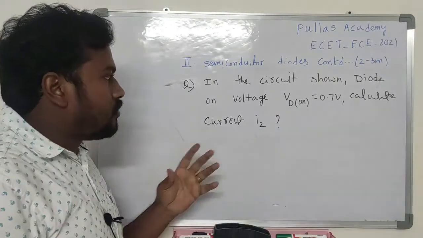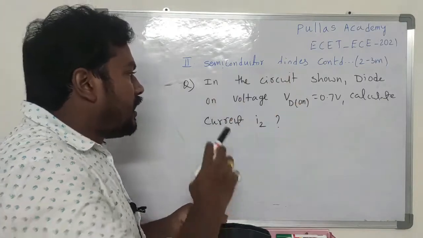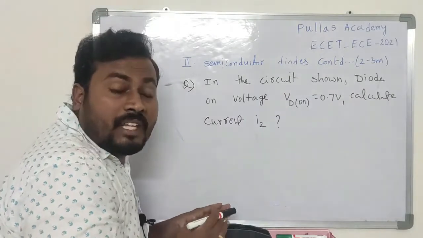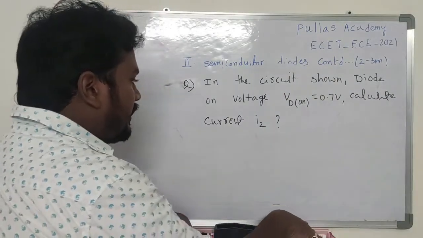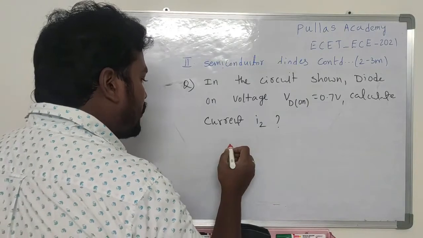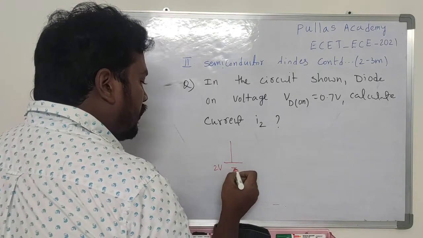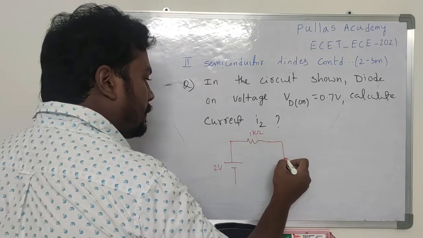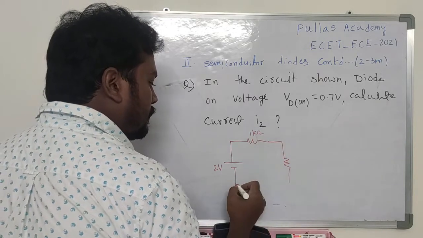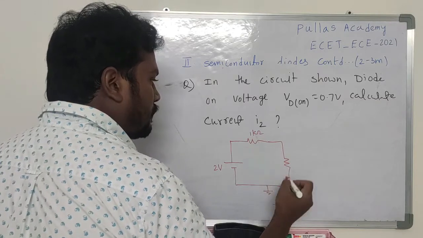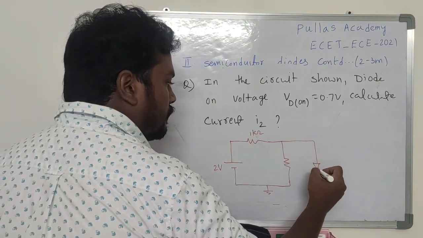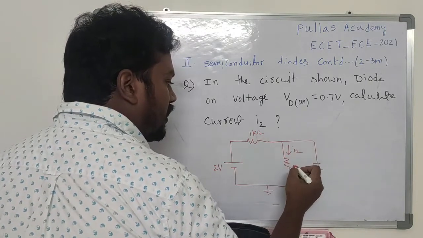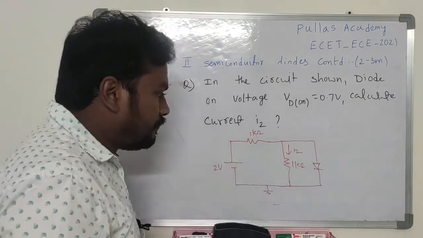In the circuit shown, the diode on voltage is 0.7 volts. What does it mean? It is a practical diode. Then we need to calculate the current I2. The current I2 is mentioned here, and this is again 1 kilo.